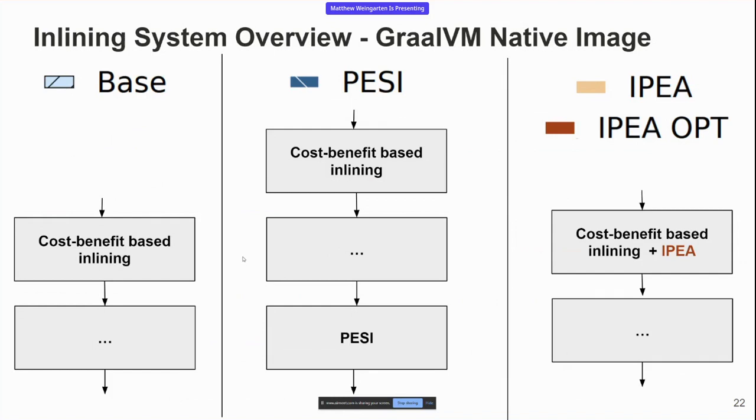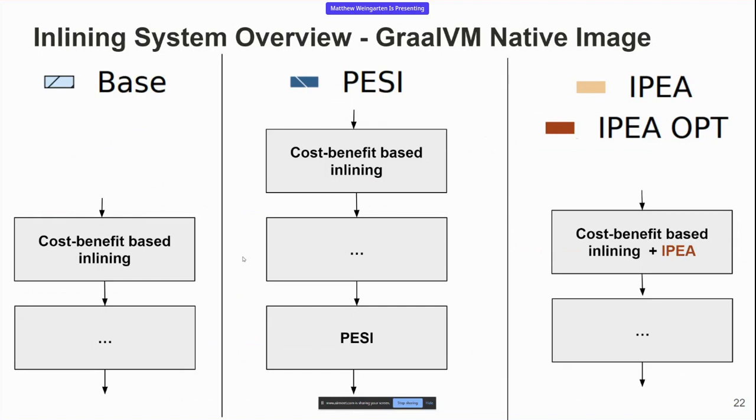And IPEA opt is just that our algorithm has some hyperparameters, for example, how much do we boost the materialization? And for IPEA opt, we just chose the best performing hyperparameters for each individual benchmark.